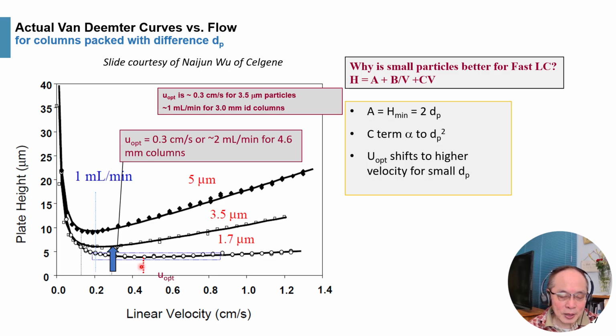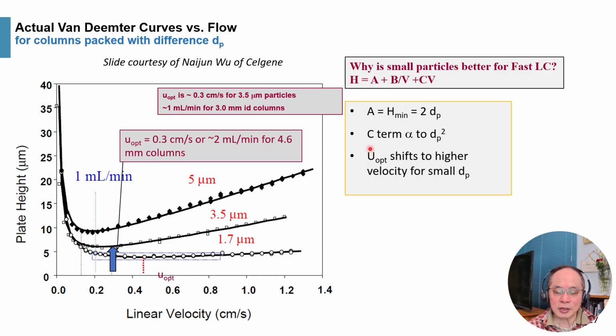And it turned out that the actual minimum plate height is shifting to higher flow rate. So it makes the smaller particle column much more efficient at higher flow rate and faster separation, right? So one of the approximations is that the minimum A term is equal to twice the particle size.